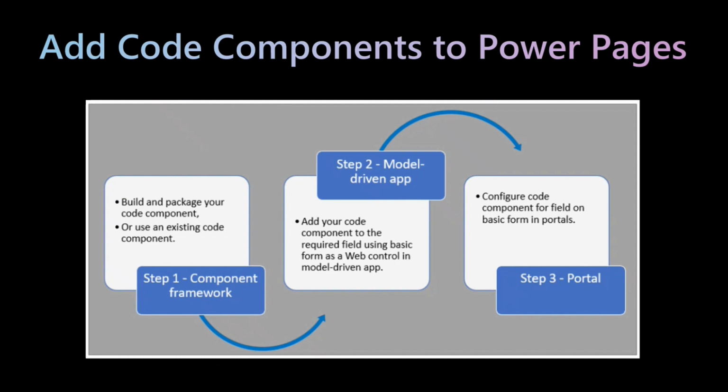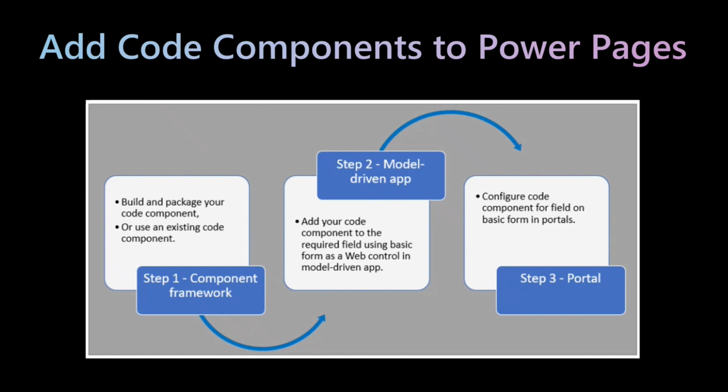And as you know already, we have been discussing the forms, multi-step forms, and all. The portal uses the model-driven app forms to provide the data insertion. So as you know, model-driven app controls are reusable on the portal. So in order to use the custom control or the code components on the Power Pages, first you need to add them onto the model-driven app forms.